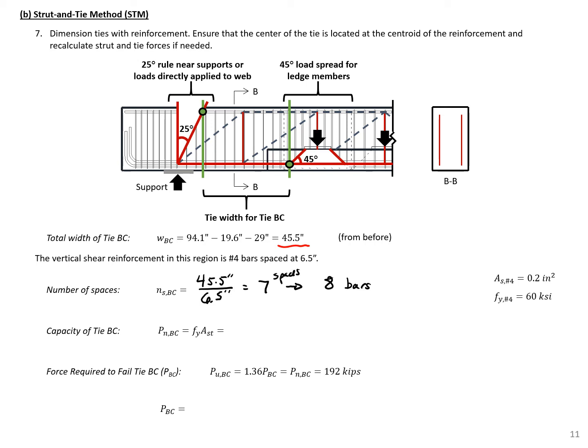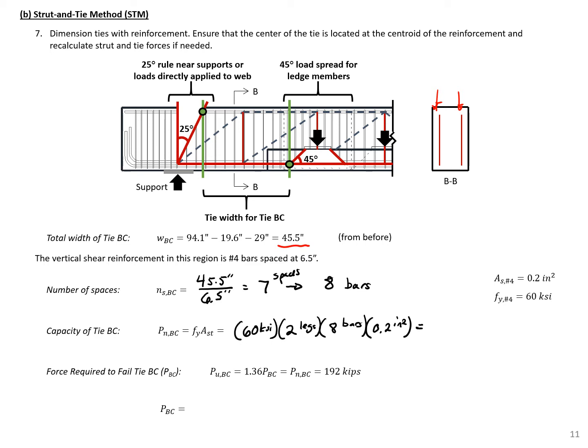So then we can find the capacity of our tie by taking the yield strength of those vertical bars times 2 legs of reinforcement, times 8 vertical bars, and then times 0.2 square inches, which is the area of our number 4 bars.